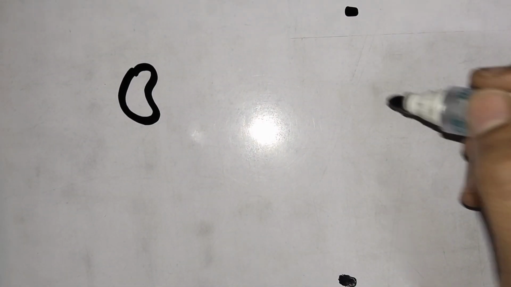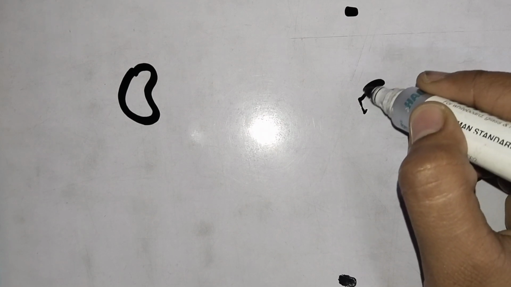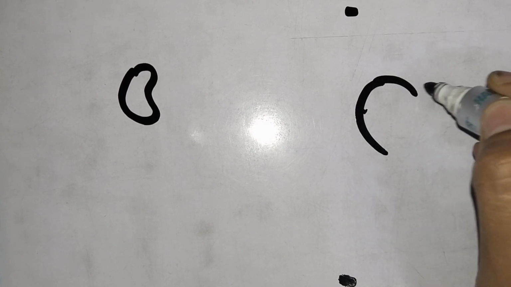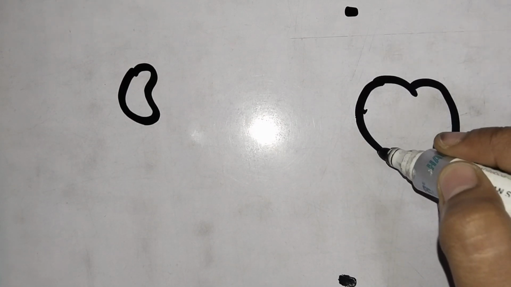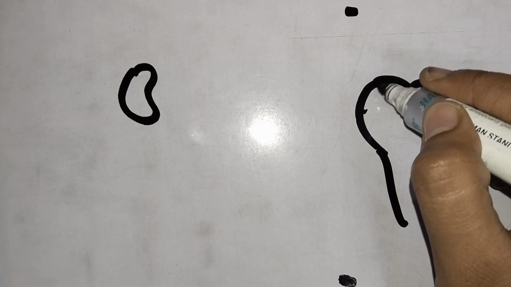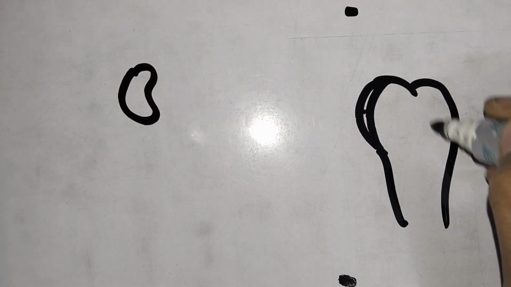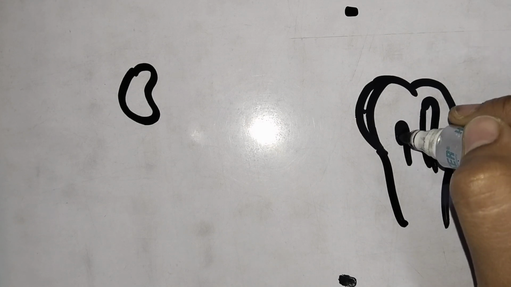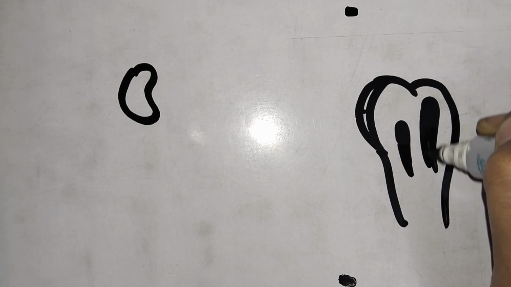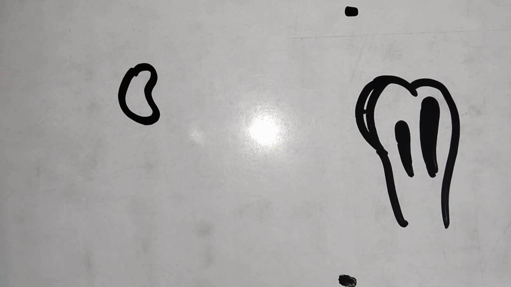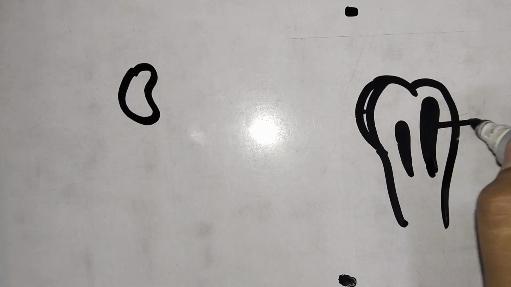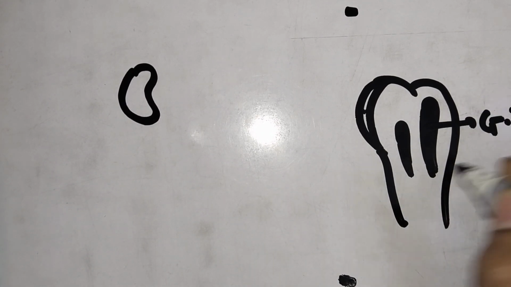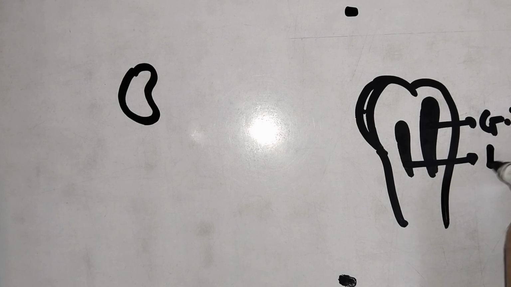Now I will draw the humerus bone here. This will be the greater tubercle and this will be the lesser tubercle. Okay, suppose. So this is the greater tubercle and this will be the lesser tubercle.